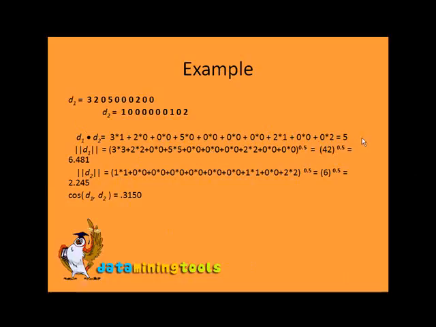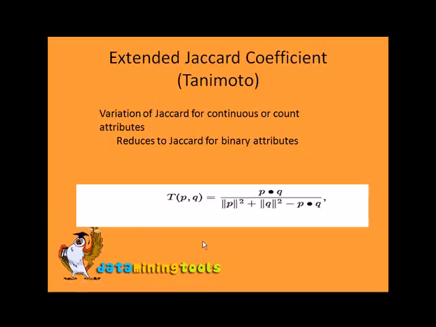So we get the sum as 5, and length of D1 vector is calculated by multiplying every nth attribute of D1 with itself and adding all these values raised to power 0.5. So we get the values of D1 length and D2 length as like this. So applying the formula for cos of D1, D2, we get the answer as 0.3150.